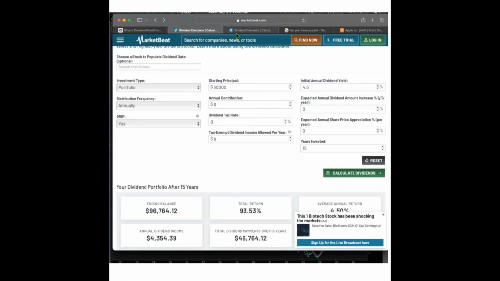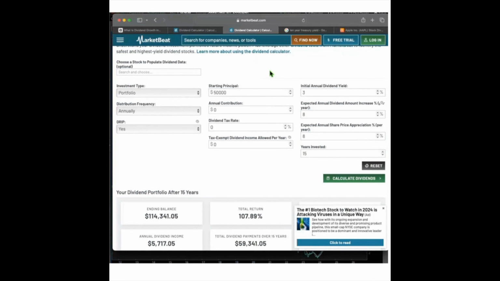We did a 3% starting yield, lower than that of the T-bill, because I know you guys are tired of hearing, why are you wasting your time with dividends? So we're going to show the example. An 8% dividend increase per year, and we went ahead and assumed an 8% share price appreciation. Again, this is not going to be a perfect example, but enough yapping. Let's get into it.